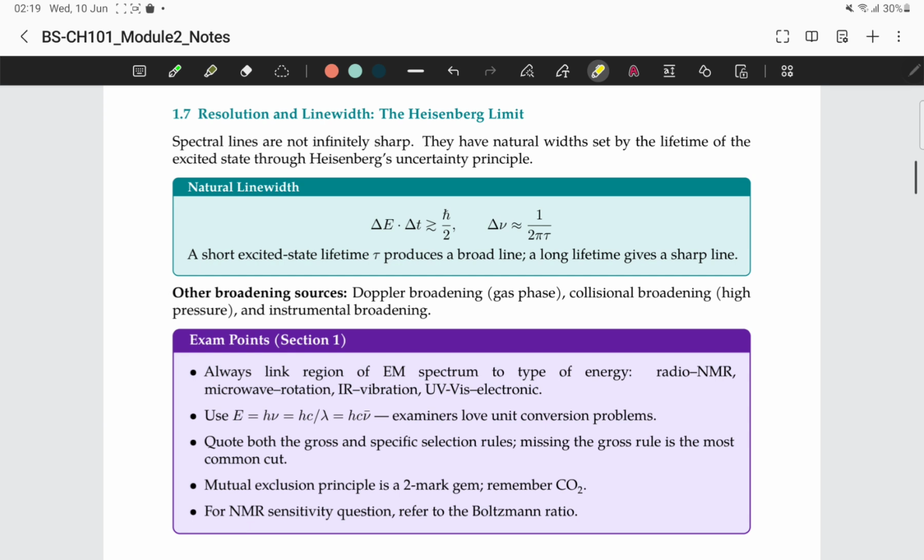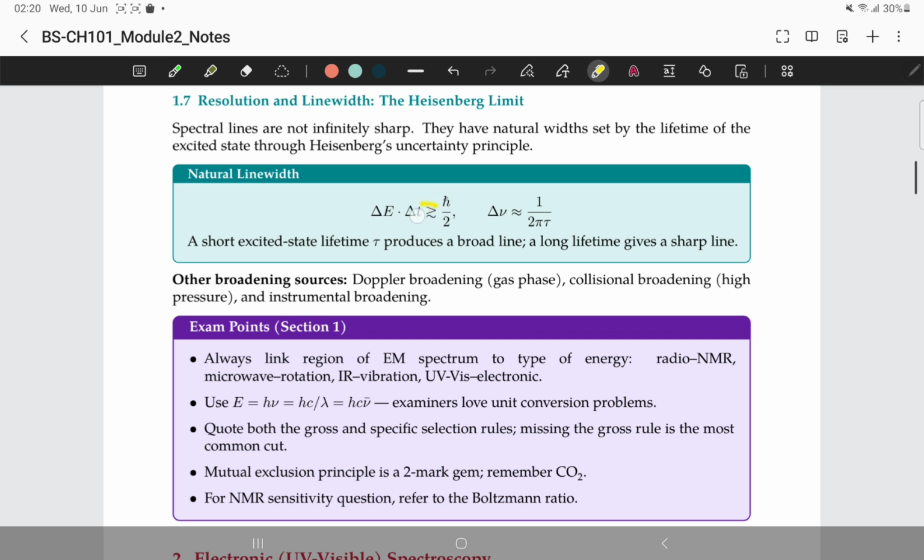Now our resolution and line width part, that is the Heisenberg uncertainty limit. Spectral lines are not infinitely sharp; they have a natural width set by the lifetime of the excited state through Heisenberg's uncertainty principle. Here delta E multiplied by delta t is greater than or equal to Planck's constant by 2.